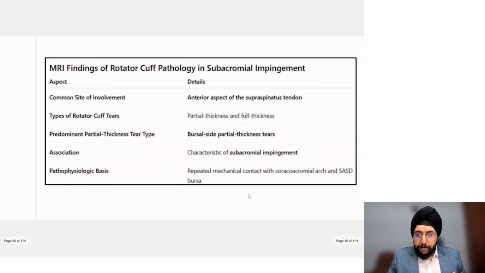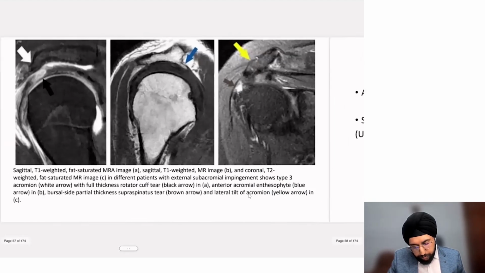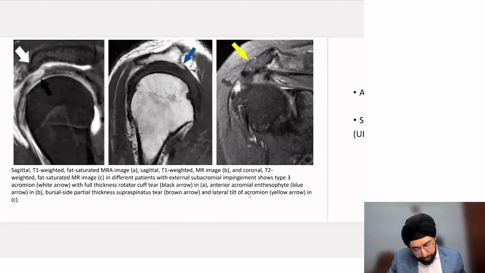So what all MRI findings can you get in this? You will obviously be getting bursal sided partial thickness tears in the supraspinatus. Again, these are just examples.